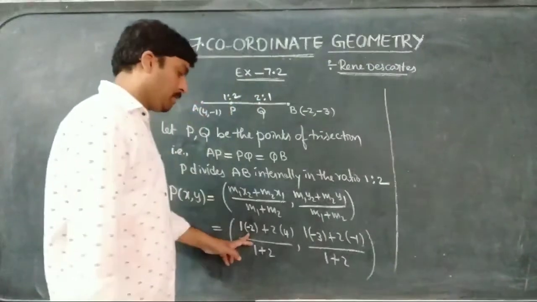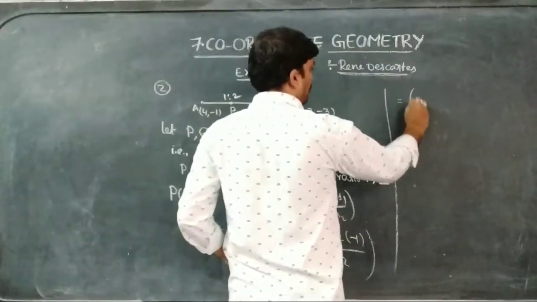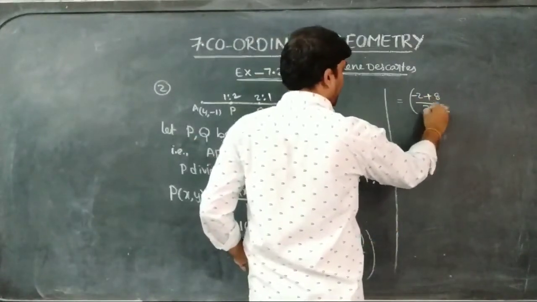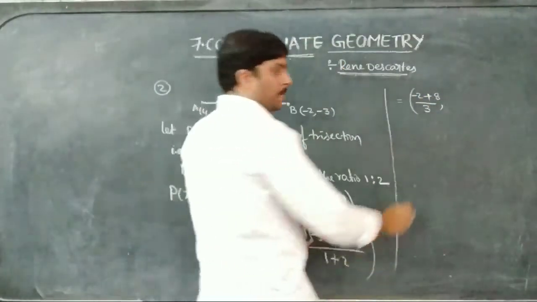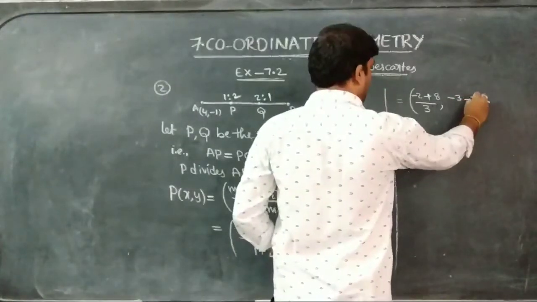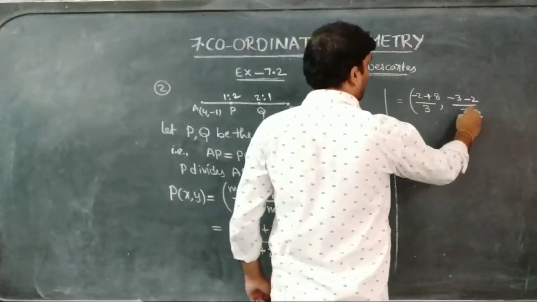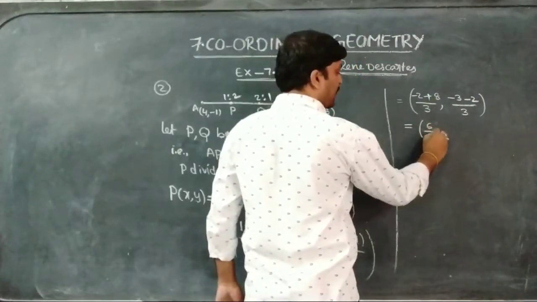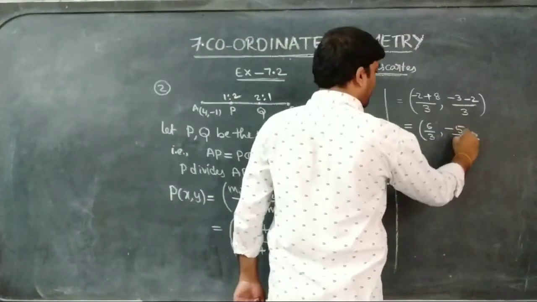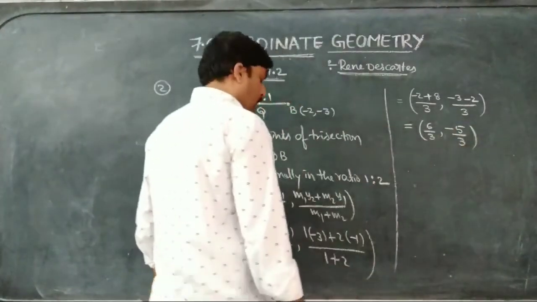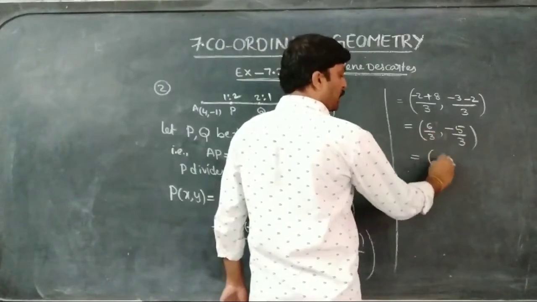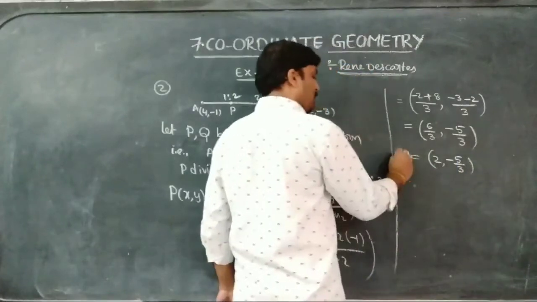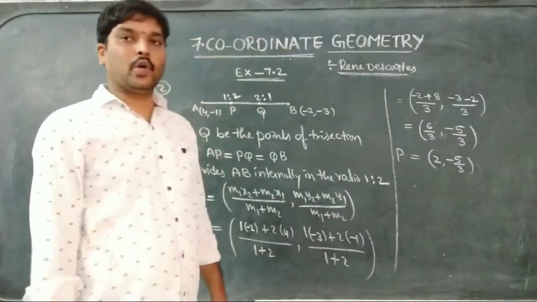Now continuing: -2 plus 2 4s are 8 by 3, and -3 into 2 by 1 plus 2, value 3. This is 8 minus 2, 6 by 3, and minus 5 by 3. It is cancelled by 2, 3 2s are 6, so P is (2, -5 by 3). We got P.